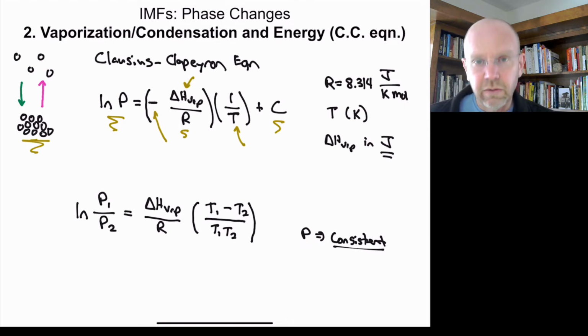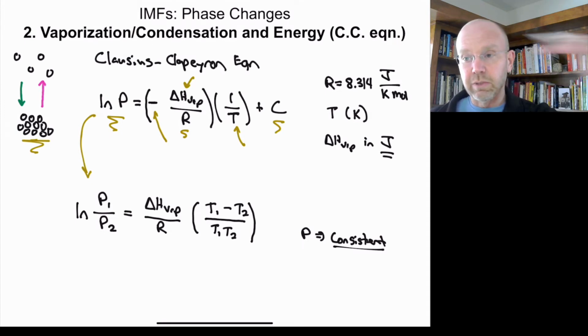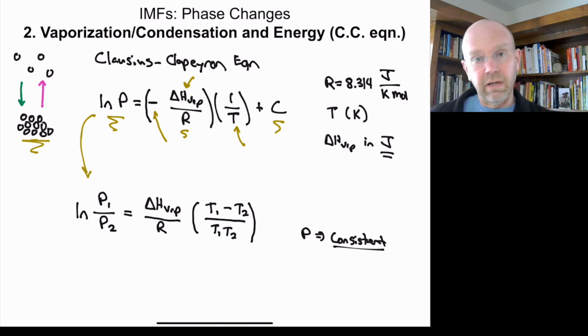And so much more often what we do is we use the Clausius-Clapeyron equation in a comparative form. That means you can check your textbook and see the derivation of going from this equation to that one, but this is the same equation written to relate the known pressure and temperature at one condition to the pressure at some other temperature.